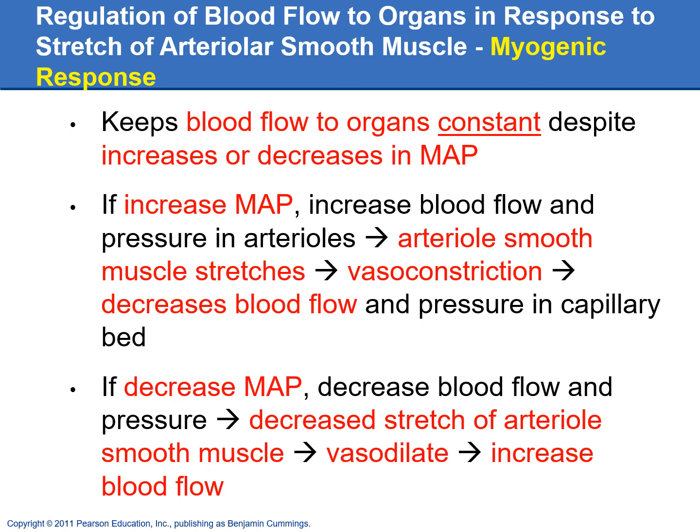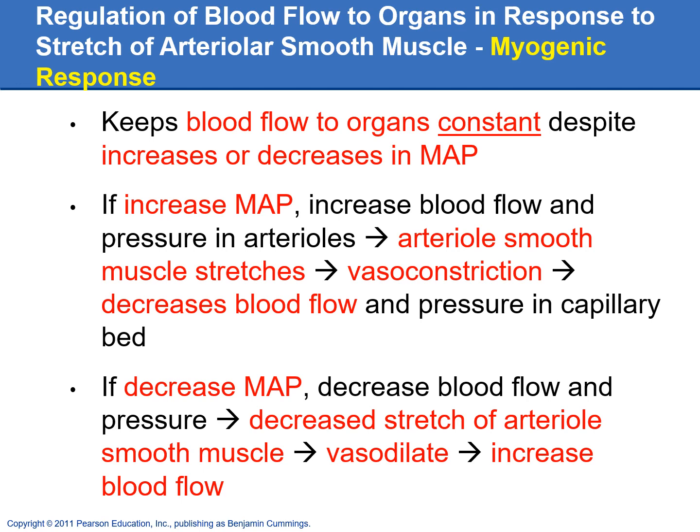So if you increase the mean arterial pressure, that'll increase the blood flow and pressure in those arterioles, and the arterial smooth muscle will stretch. And then it reacts with this myogenic response to the stretch by constricting. And that'll decrease the blood flow to that organ and make sure the pressure doesn't get too high in that capillary bed because we don't want to rupture the capillaries.